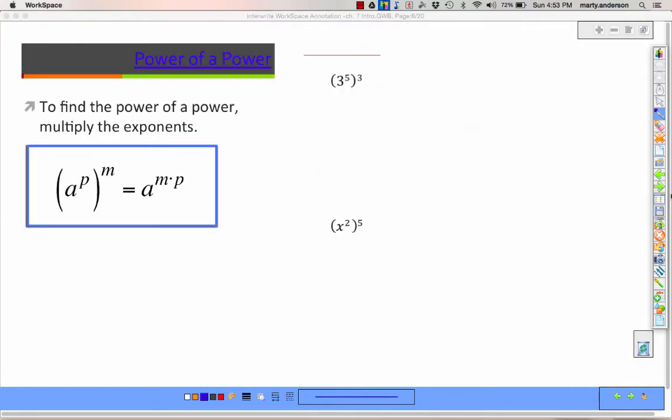The next one is when we're raising a power to a power. I'm going to take this one to a separate sheet, and we'll see what happens. That was x squared to the 5th power.